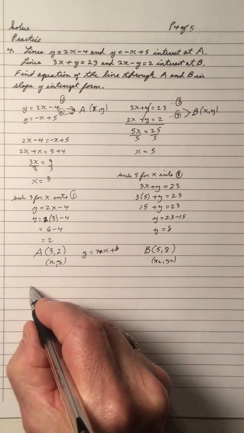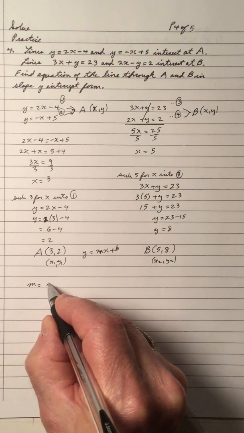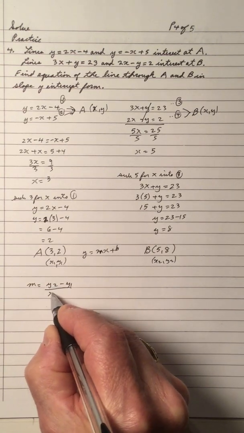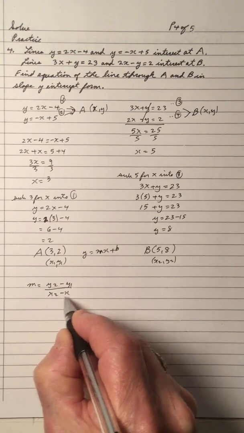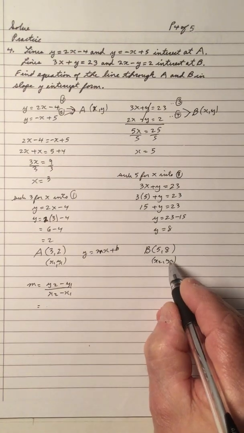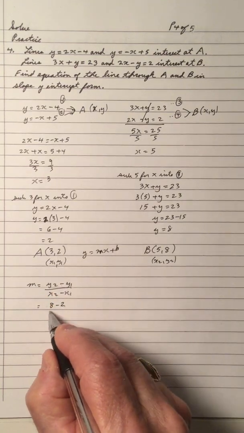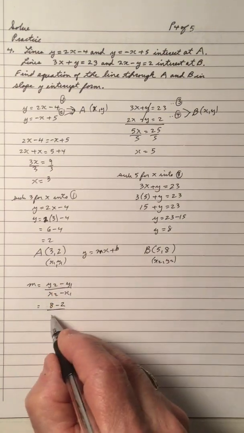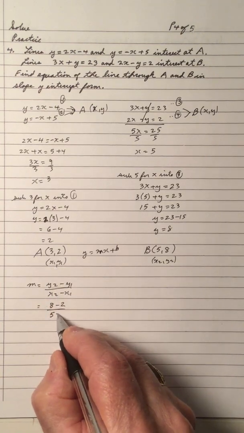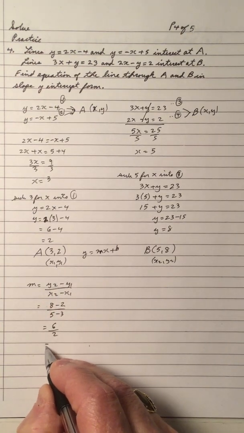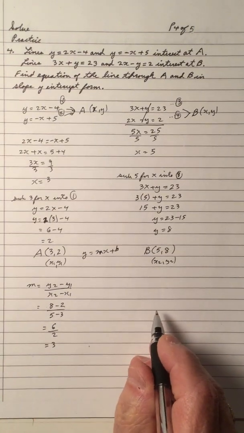The slope formula, m, is y2 minus y1 over x2 minus x1. So y2 is 8, y1 is 2, x2 is 5, x1 is 3, so that's 6 over 2, gives me a 3.